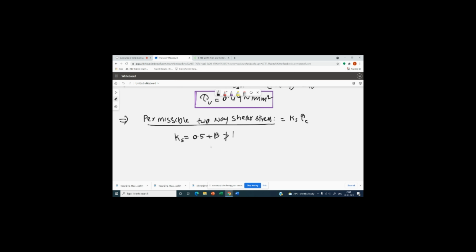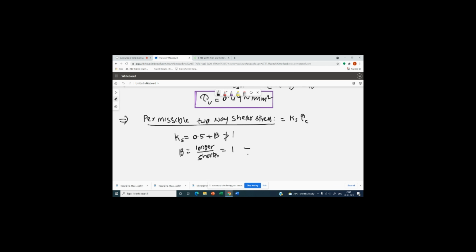So what is beta? Beta is the ratio of the shorter side of the column to the longer side of the column, if it's a rectangular column. But our column is a circular column and we have converted this into an equivalent square, so it becomes 1.